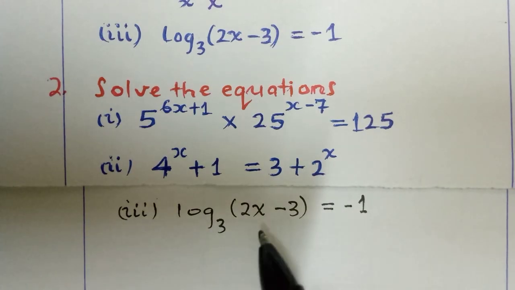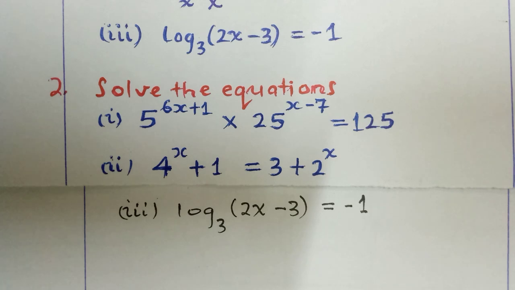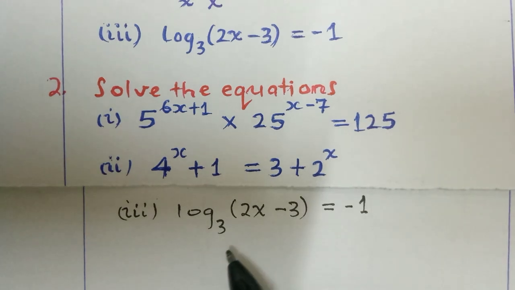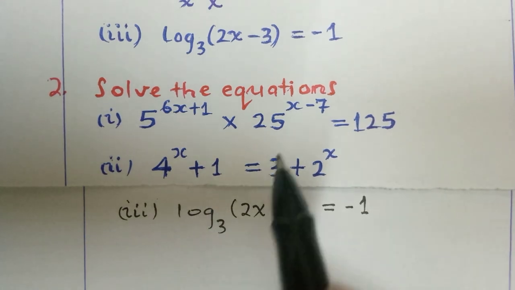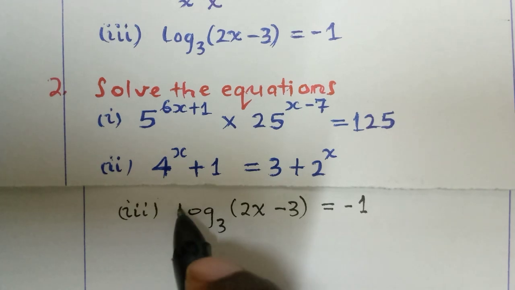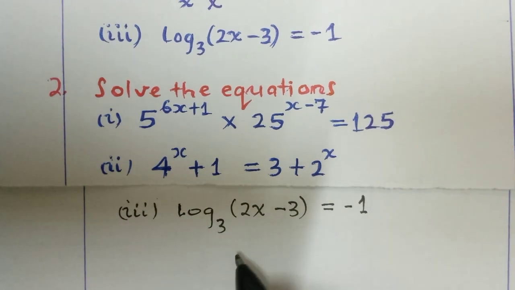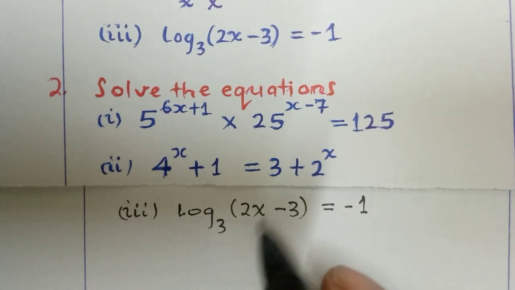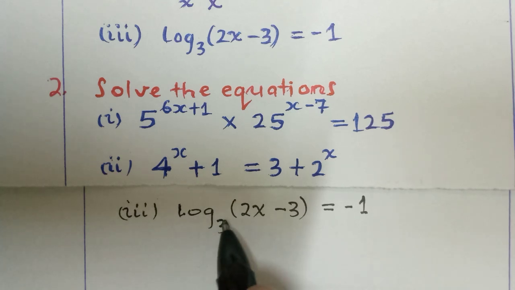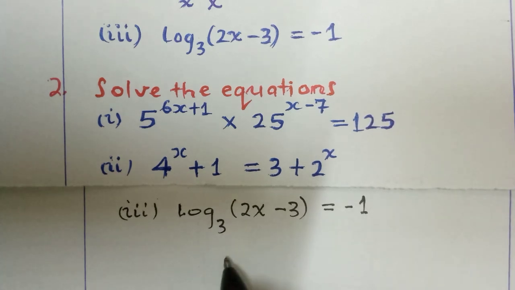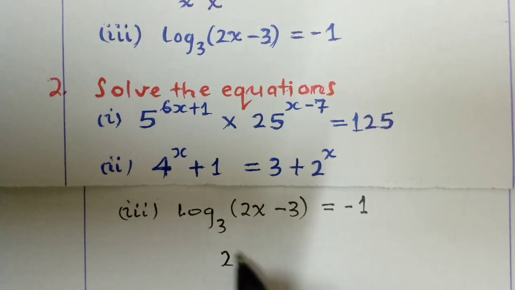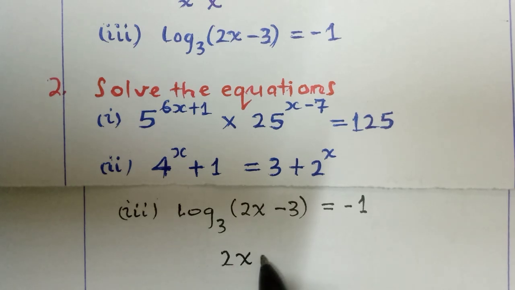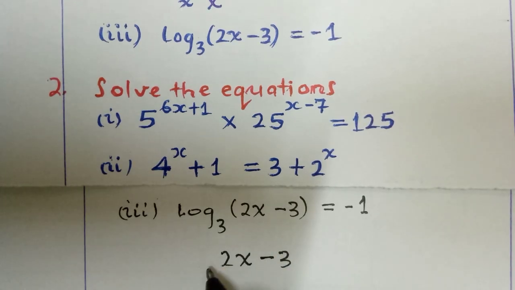So guys, we continue with this question, and we do just like we have done for Roman 2. We change this one into indices form, and I have said that when you change to indices form, whatever is beside log, you just leave it intact like that: 2x minus 3. Now we are changing to indices form.